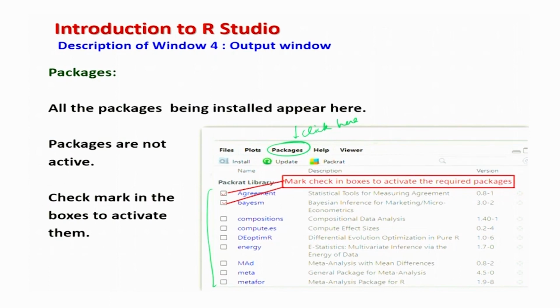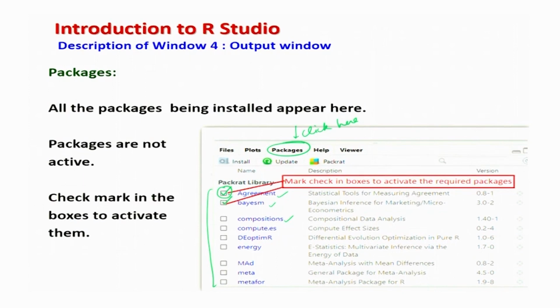So now if you try to see here, I have a couple of packages whose names are agreement, base M, composition, etc. Now in case I want to use any package, that means I want to use the command library. I simply have to make a tick mark inside this box, and then it will load the package.